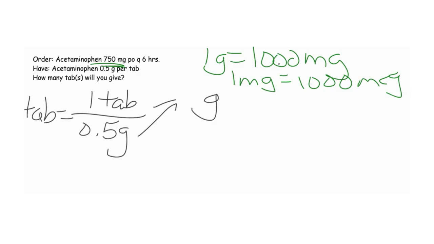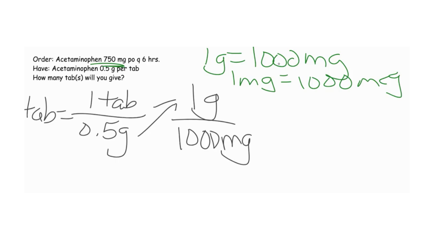We have to say 1 gram is equal to 1,000 milligrams. That's how we introduce milligrams into our equation, but we have to do it the proper way. Okay, we have to keep order, and we have to keep everybody in their place.